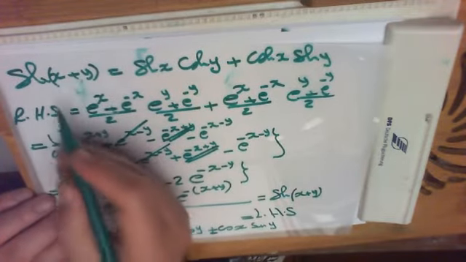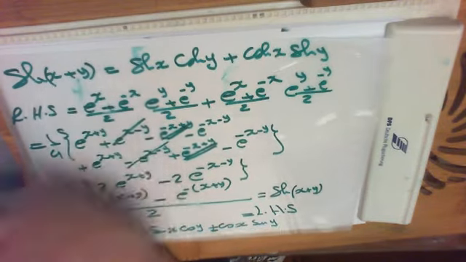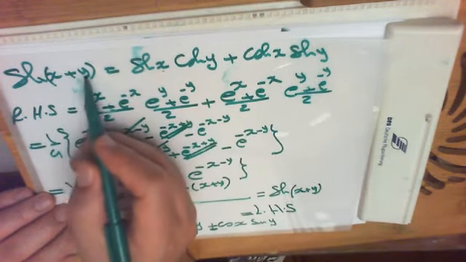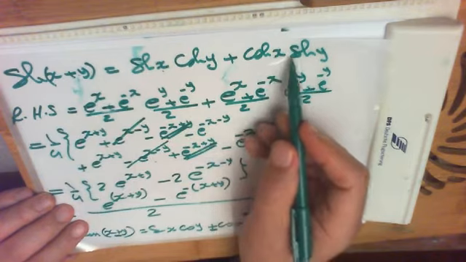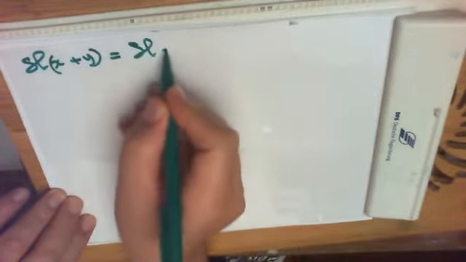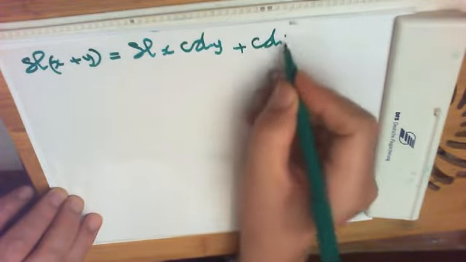If x equals y, we have cosine 2x... and sine 2x, which is sine x cosine x plus cosine x sine x. We already proved that sine(x plus y) equals sine x cosine y plus cosine x sine y.